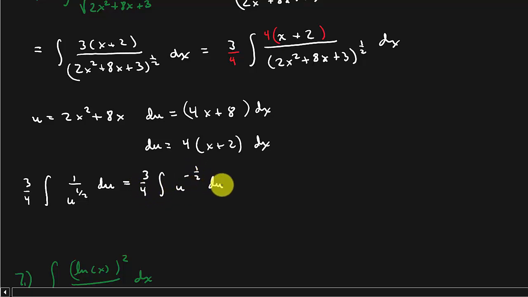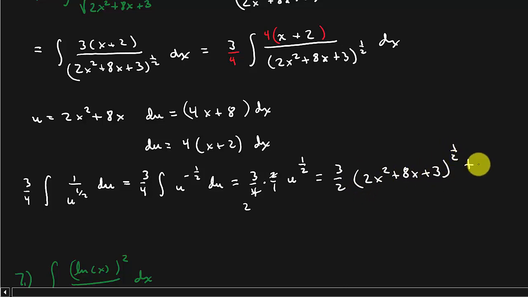We got it in the form x raised to a power. And so that's going to be 3/4. That's going to be u to the positive 1/2. Negative 1/2 plus 1 is 1/2. Multiply by the reciprocal of your new exponent. And so that cancels. That's going to be 3/2 times 2x squared plus 8x plus 3 to the 1/2 plus c.